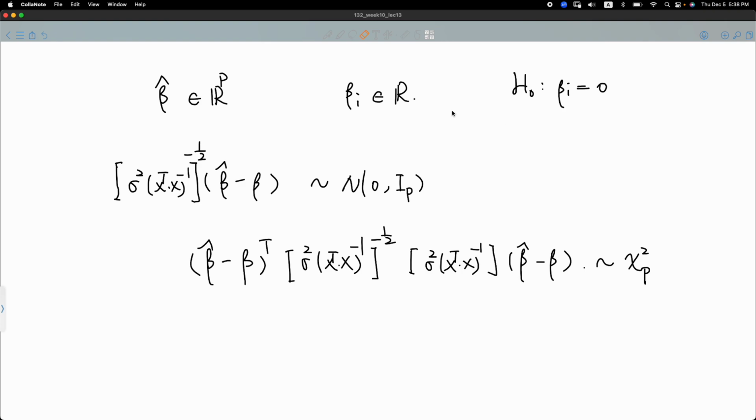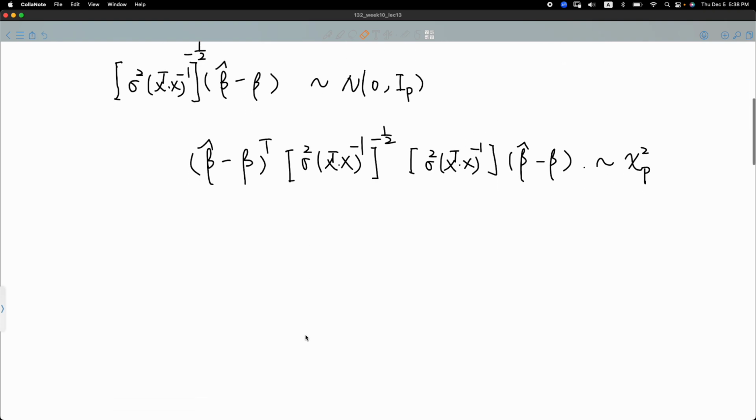Okay, once we have that, we can group the things together. Beta hat minus the true value, and then I'm missing another 1/2 here.